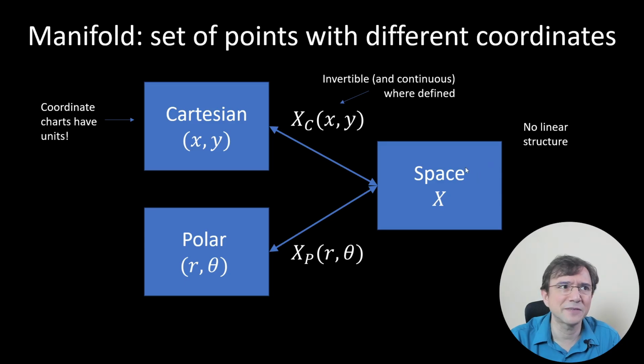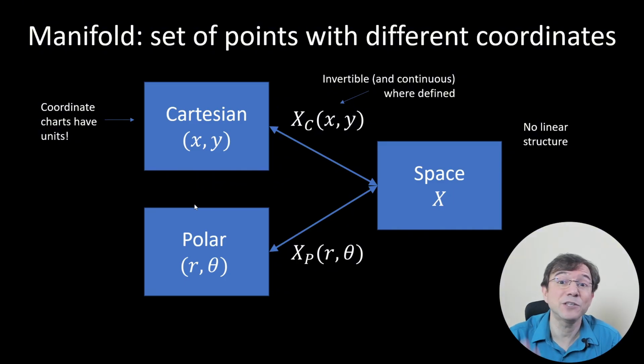And if we are in a flat space and we have a Cartesian coordinate system, of course, the map is going to be one-to-one, but if we have something like a polar coordinate system, there are some points that need to be excluded to be able to have this one-to-one correspondence. And then each coordinate chart has its units and will have its own linear structure. So the space itself does not know about the units, does not know about a linear structure, but each coordinate system has units and has a particular linear structure.